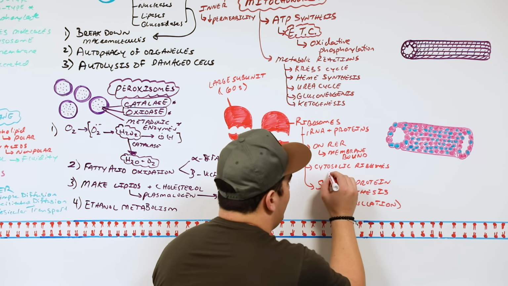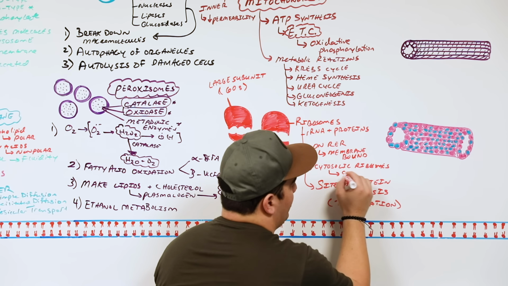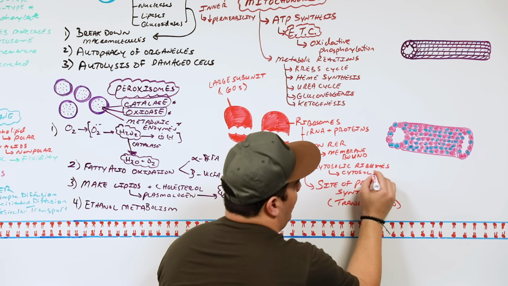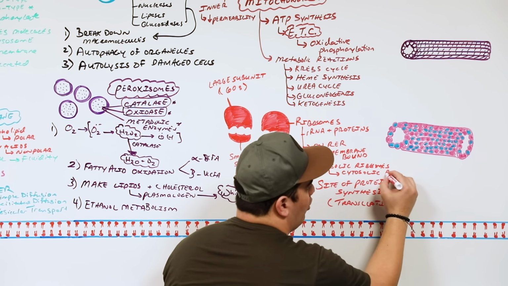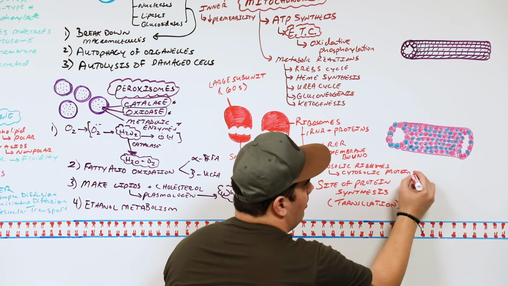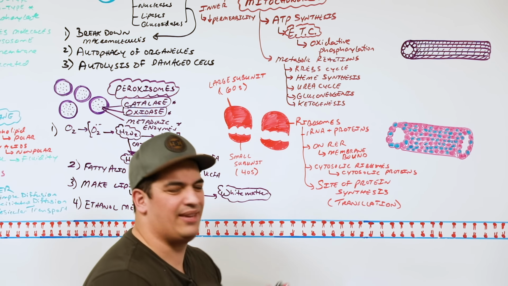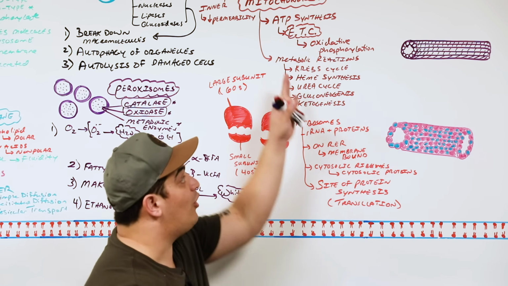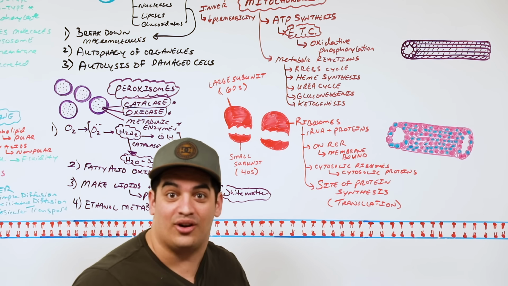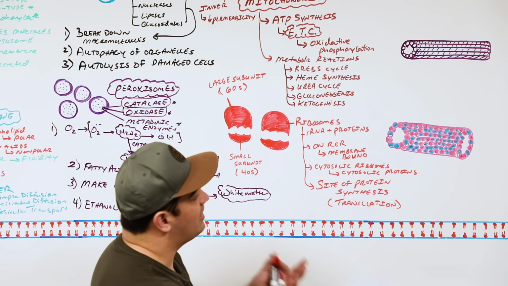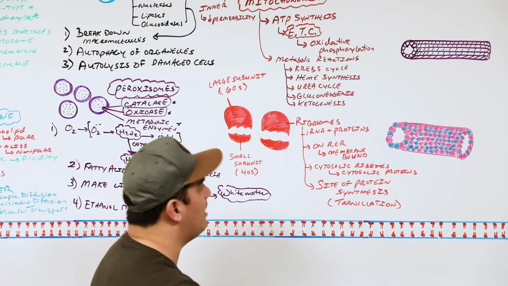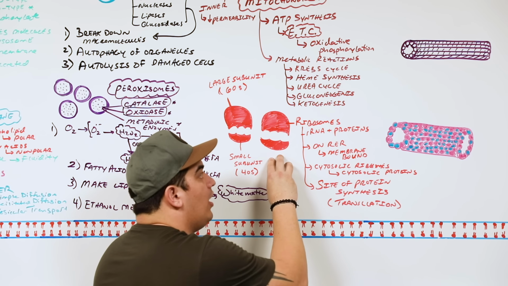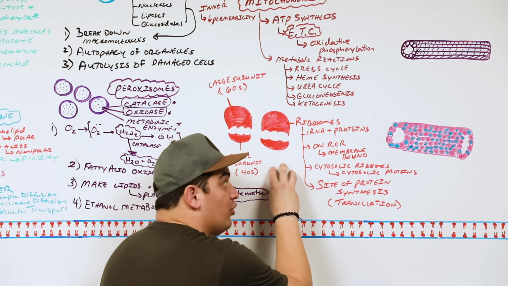So that is important. So these are going to be making cytosolic proteins, like different types of enzymes that are involved in a lot of your metabolic pathways that occur in the cytosol. Okay? So that gives us the importance of ribosomes, what their structure is and what they do.